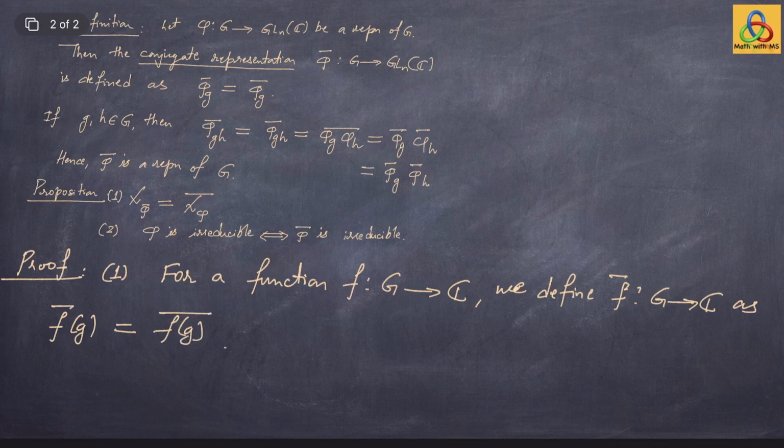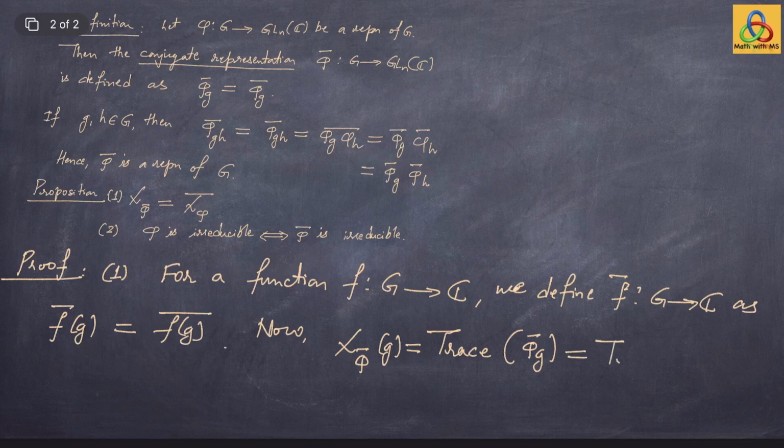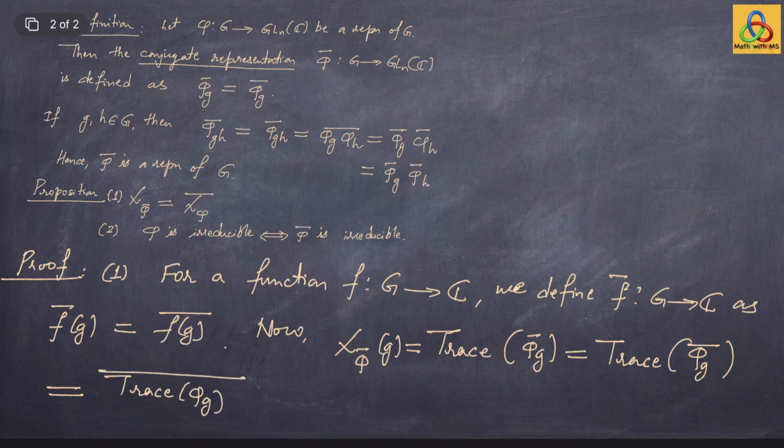So now what is chi of phi bar acting on a group element g? This by definition is the same as the trace of phi bar g, but that by definition is the same as the trace of phi g whole bar. But what is the trace of phi g whole bar? That is the same as the trace of phi g and then its complex conjugate.